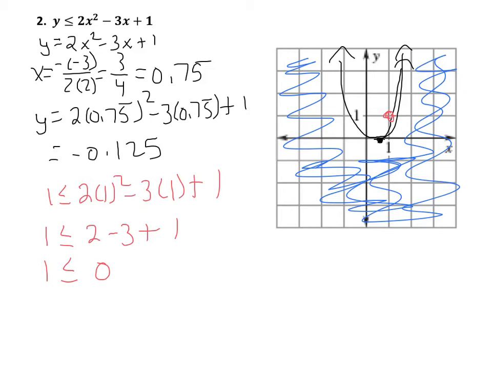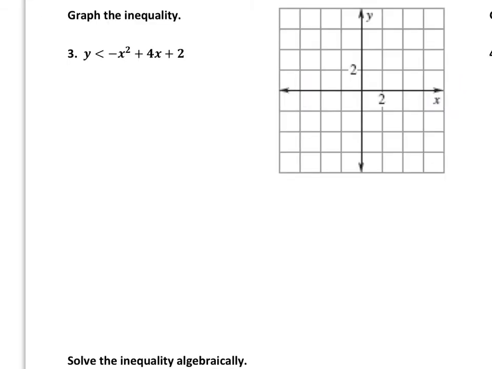Alright, let's take a look at something else. Graph the inequality. So step 1, change it to quadratic. Step 2, find the vertex. So x equals negative b over 2 times a. So you get 2.